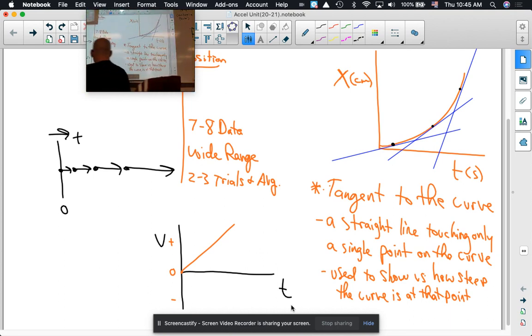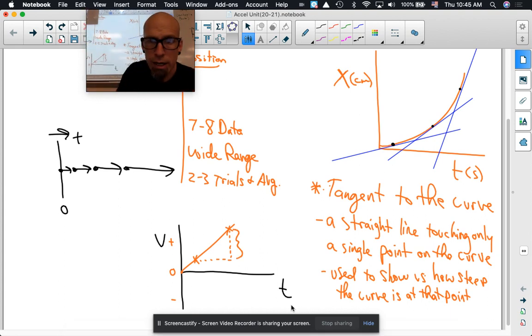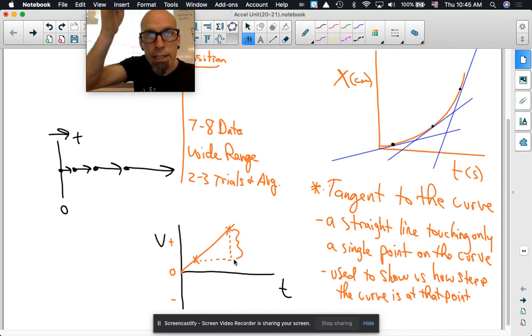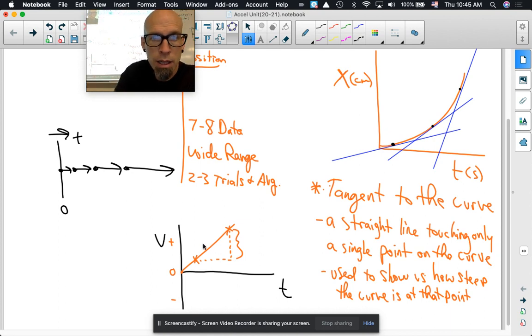Now, if you were going to find the slope of this line, you would mark some x's on here, and you would have a rise and a run. That little rise right there, what's changing on the rise? I hope you're thinking that velocity is, and you're right. That's a change in velocity.